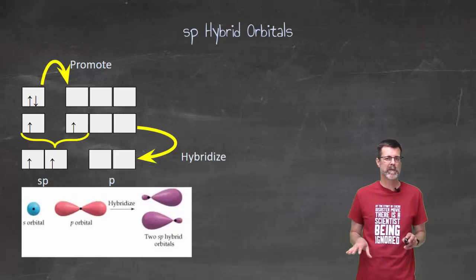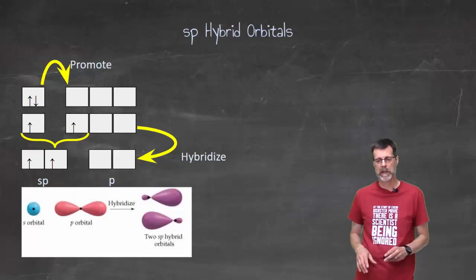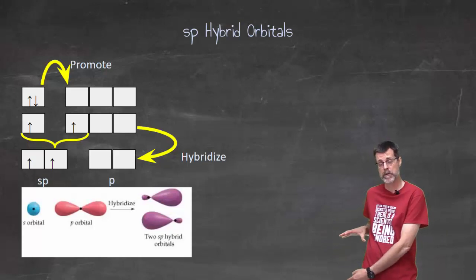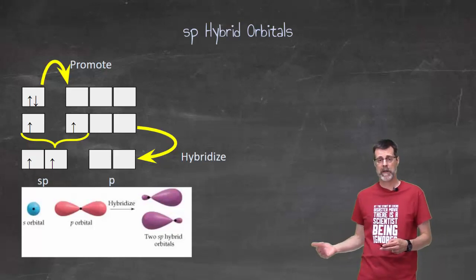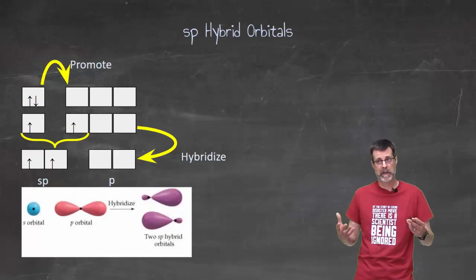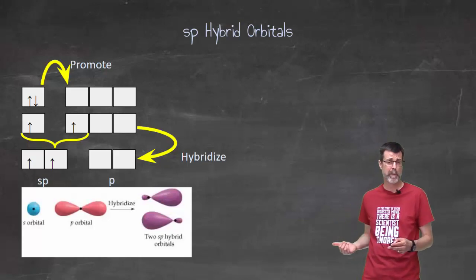We're not going to worry too much about the degree to which they have that. It's still an orbital where I'm likely to find an electron. But now I'm much more likely to find an electron in the larger lobe, much less likely to find the electron in the smaller lobe. And the larger lobe is where I'm likely to find the electron because that's where the bond with the other atom is. I'm not really drawing that part in.